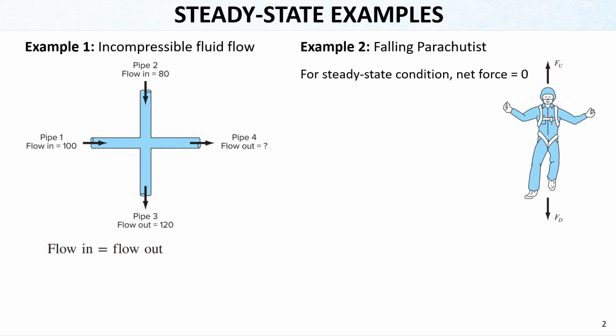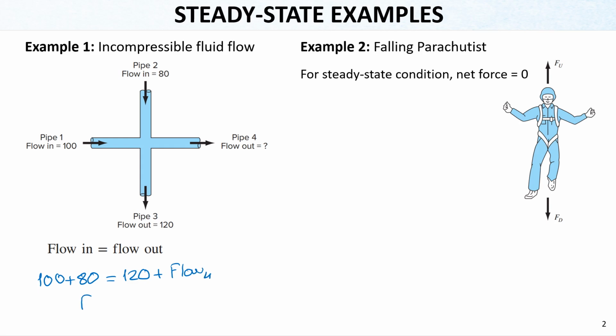In this kind of problems, the flow getting inside will be equal to the flow getting outside. That's why we can simply write that 100 plus 80, which are flow ins, equals the flow outs, which are 120 plus pipe 4, let's say flow 4.